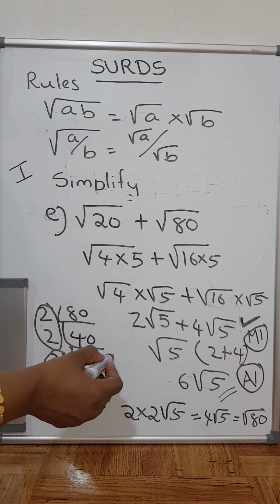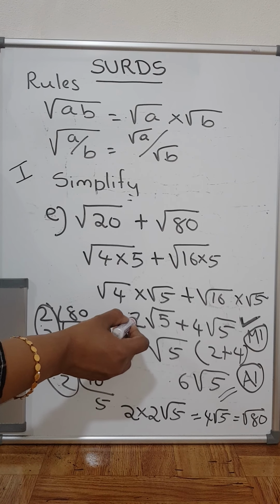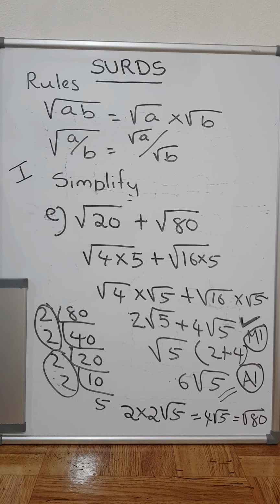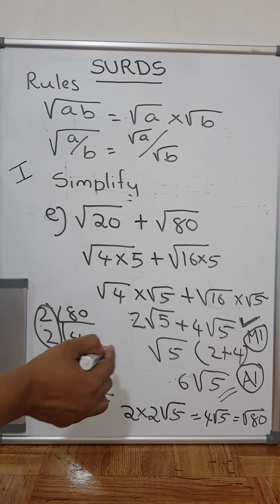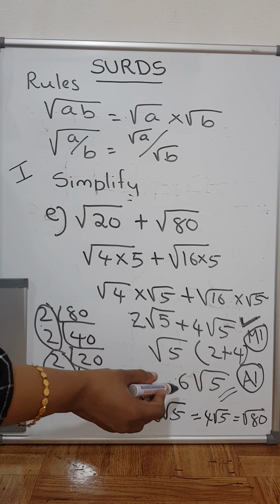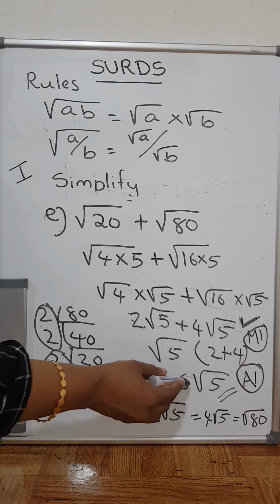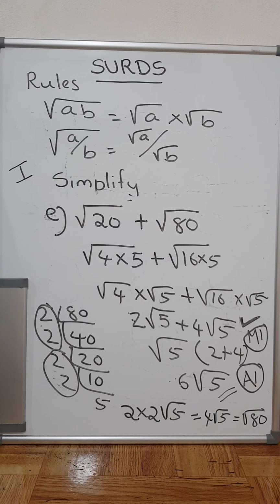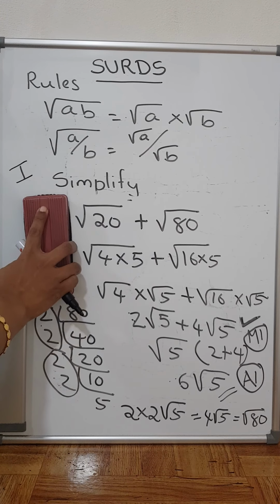See, all these steps are not necessary. The important steps are this one for method mark and this one for answer mark. If you are using a calculator also, you have to show this step and this one. Directly don't write 6 root 5. Then we will try another question.